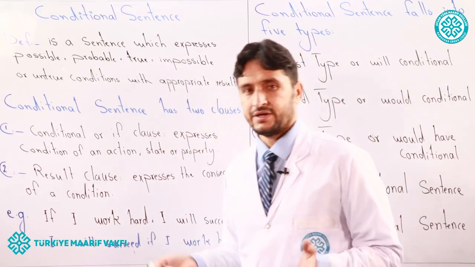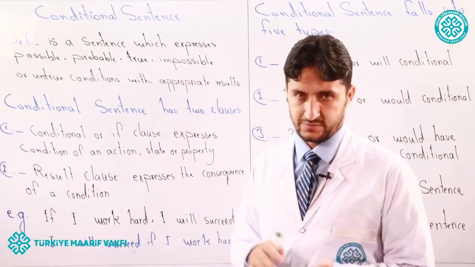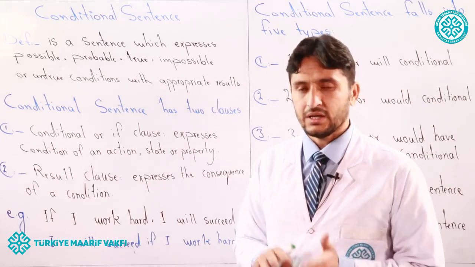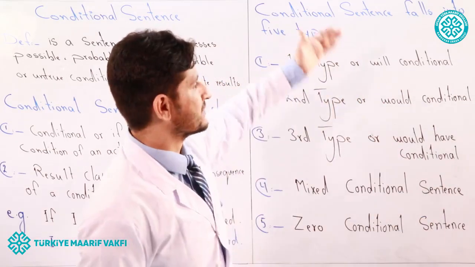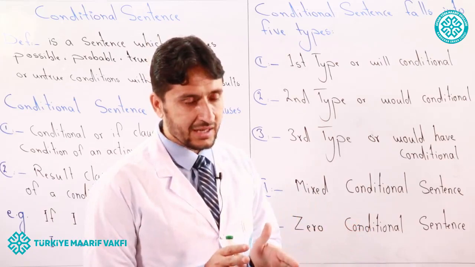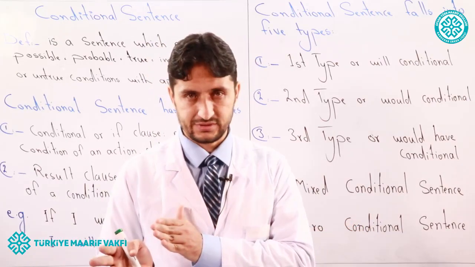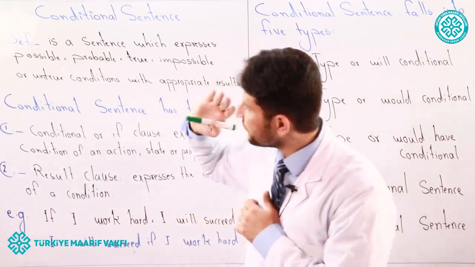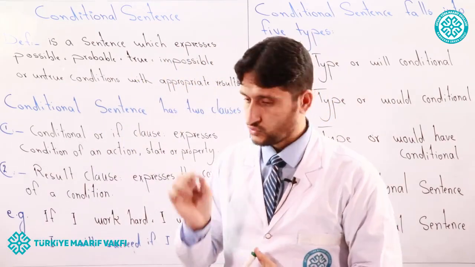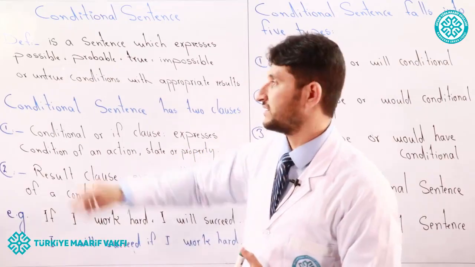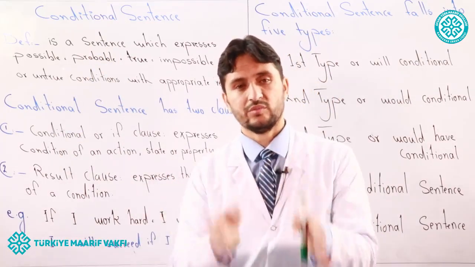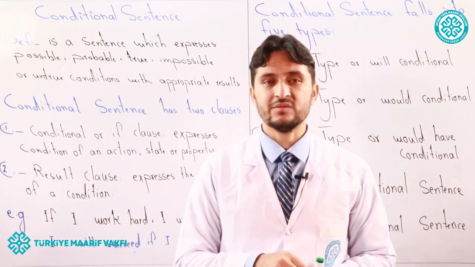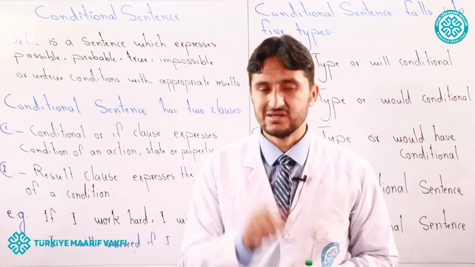You might be wondering how a conditional sentence is expressing true, untrue, possible, impossible. Actually, there are 5 types of conditional sentence. Each type has a different purpose. So we will study each type later. So this is just a general definition of conditional sentence. In one type, we cannot say that it expresses possible, probable, true, untrue, impossible conditions. But each and every type will focus on a different purpose.